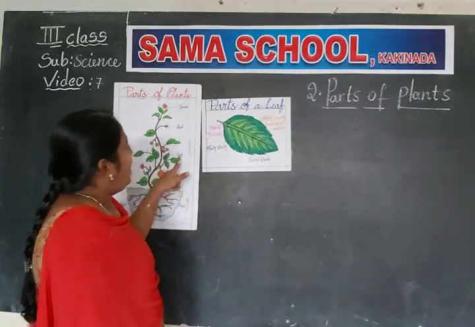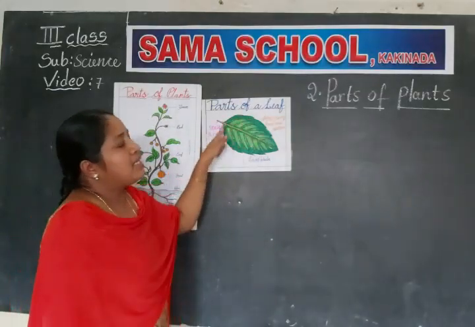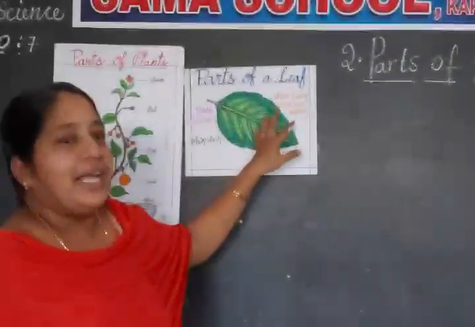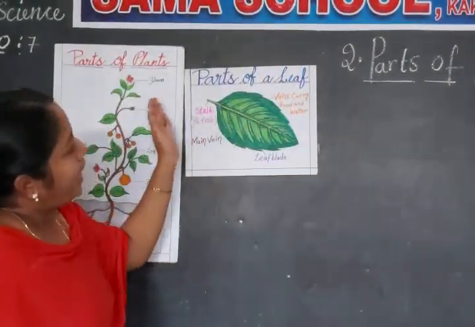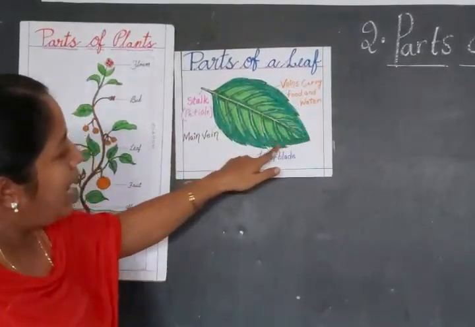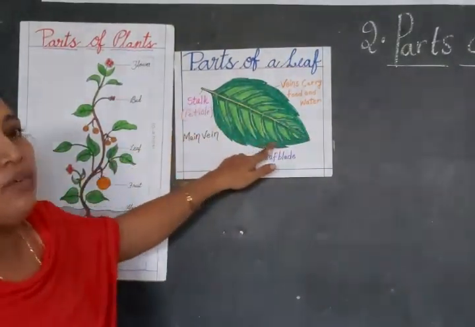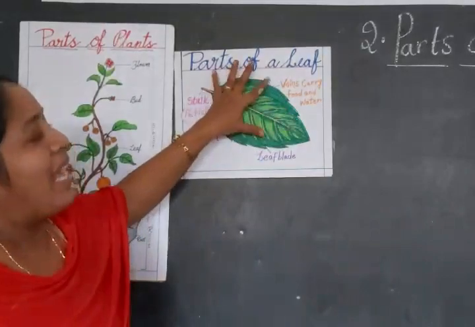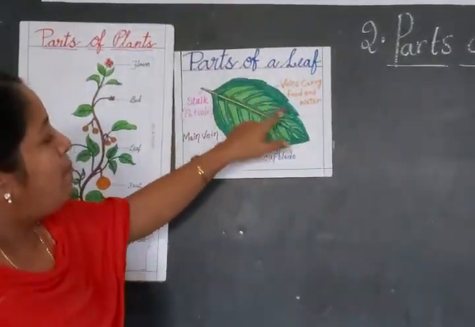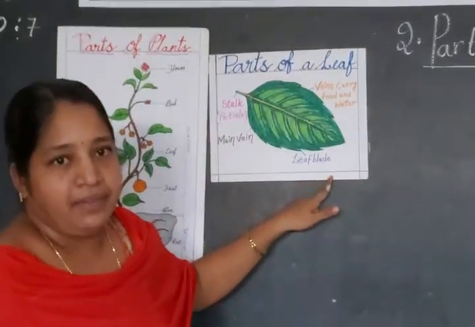Okay, and next one, leaf. And we completed the structure of leaf in yesterday's class. And again we collect all the points. This is the outer part of the leaf. That is flat and broad. That part is called leaf blade.